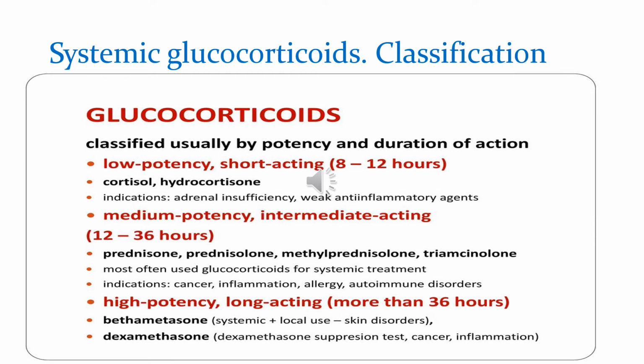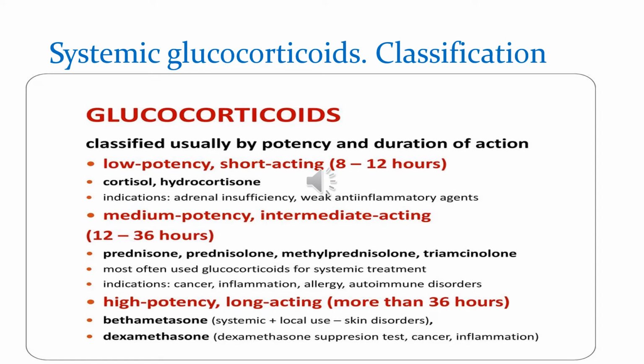Systemic glucocorticoids classification. Classified usually by potency and duration of action. Short-acting: cortisol and hydrocortisone. Intermediate action: prednisone, prednisolone, methylprednisolone, and triamcinolone.